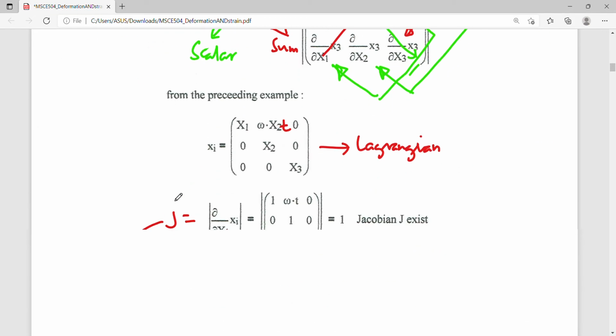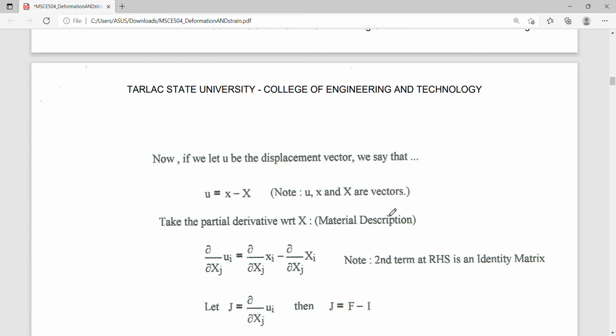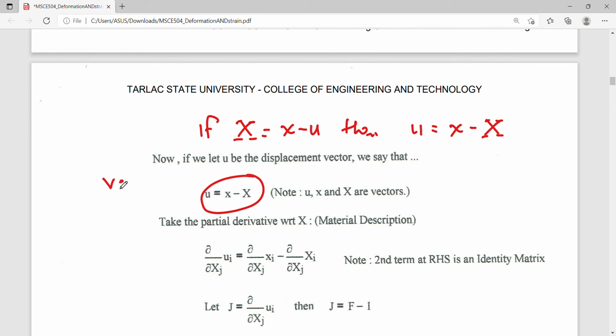Okay, so if capital X is small x minus u, then u is simply equal to small x minus capital X. And this is now our vectorial equation or expression for the displacement field.